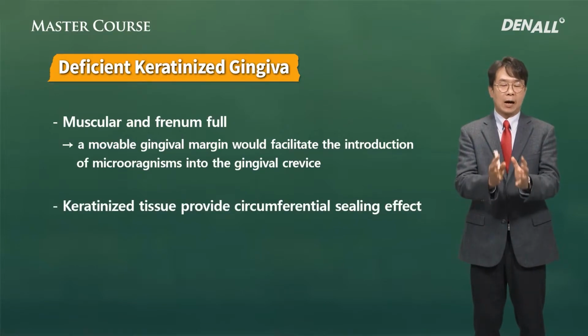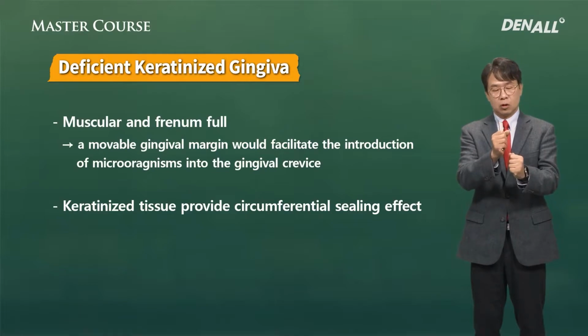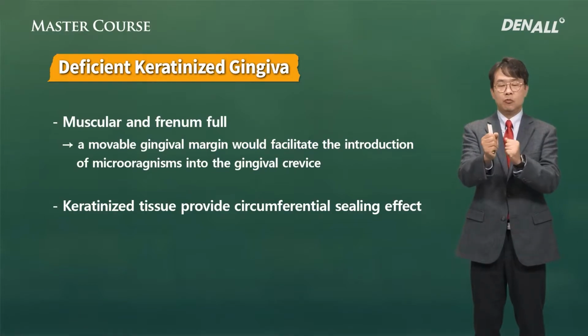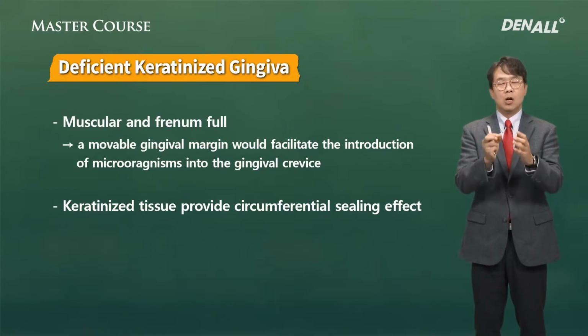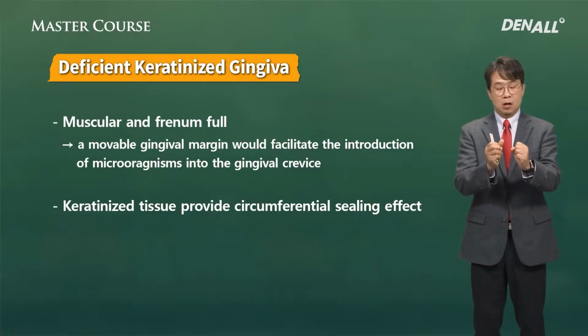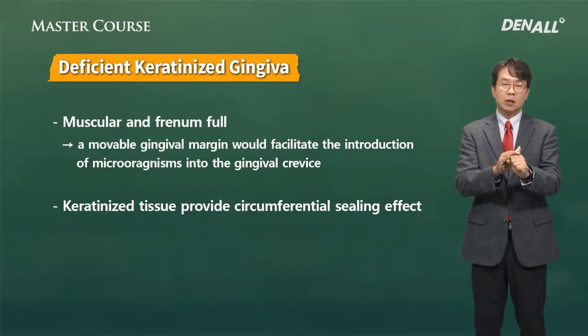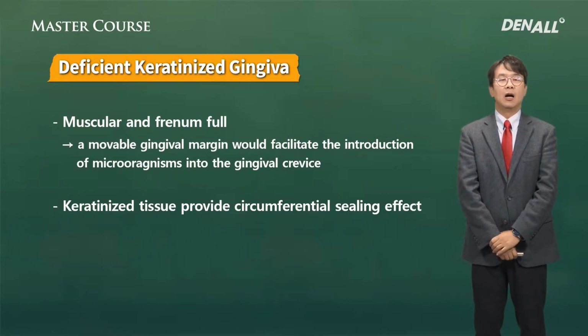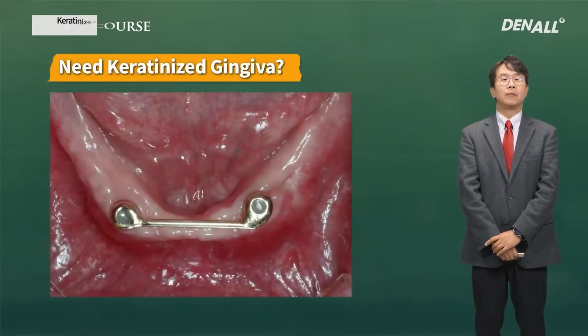So, keratinized tissue minimizes the muscular and frenum pull, and it provides a circumferential sealing effect.